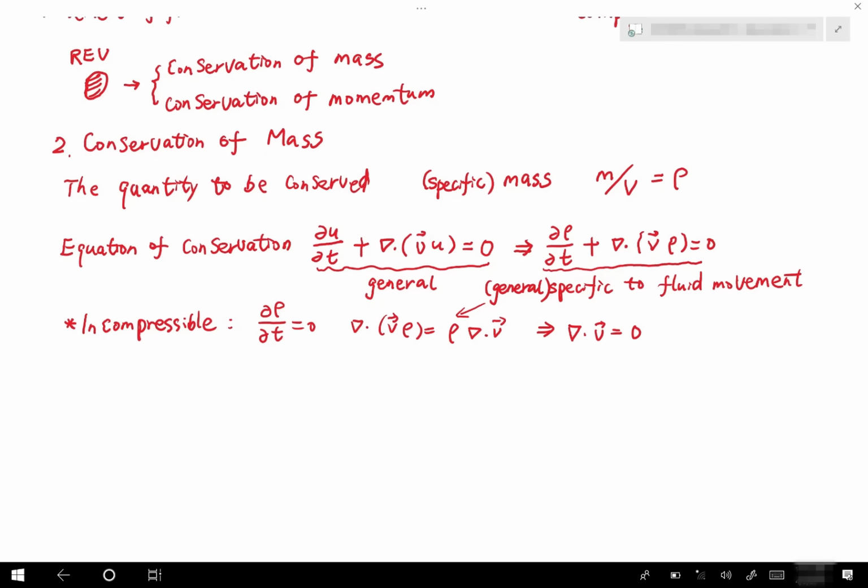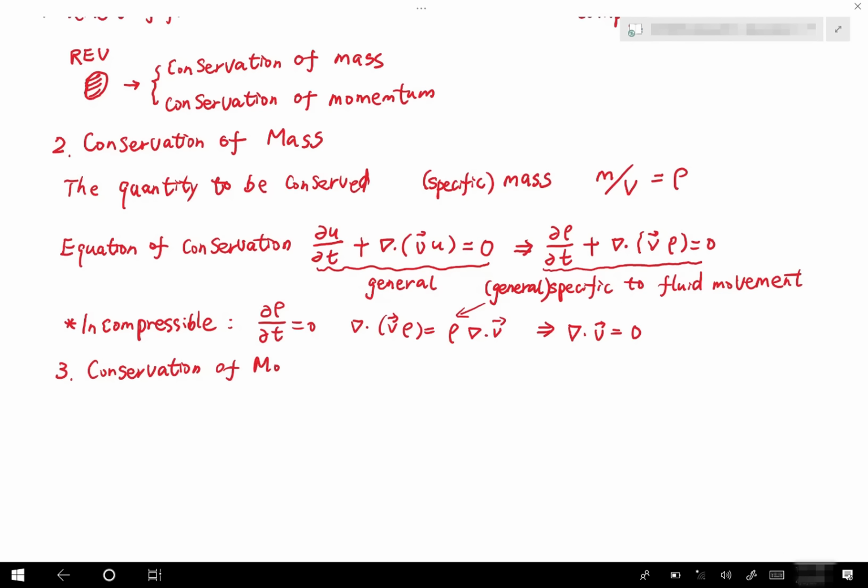Momentum is more complicated. So let's do the conservation of momentum. We're going to do it in the same way. We believe that incompressible fluid is just a special case of compressible fluid. So first we're going to generate the general momentum conservation equation for compressible fluid.